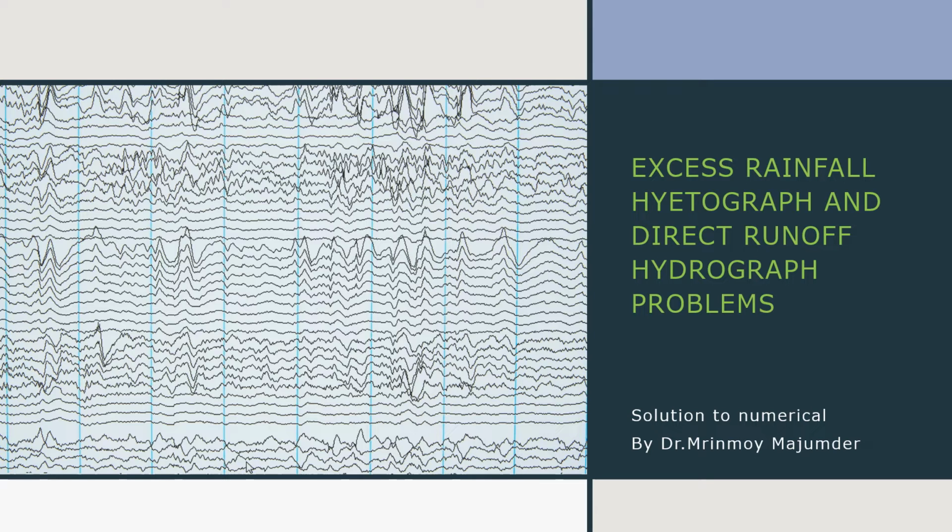Hyetograph is rainfall intensity versus time or duration, and hydrograph is discharge versus time. Time is the duration of the event for which that discharge is taking place. The discharge or rainfall intensity is always placed on the ordinate, that means the y-axis, and the duration or time is placed on the x-axis.